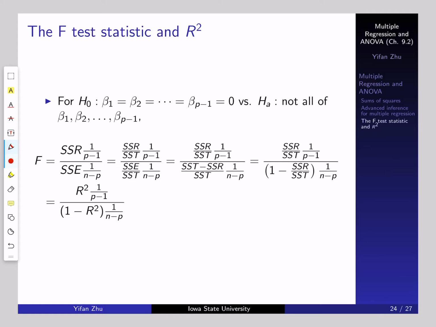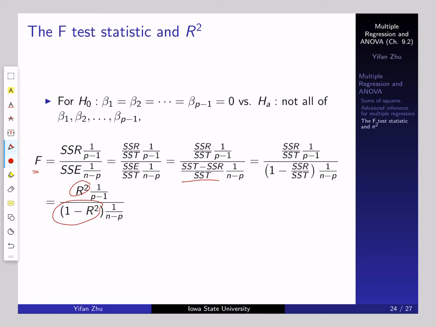Remember that the F for this test is SSR divided by P minus 1 and SSE divided by N minus P. And we divide both the numerator and denominator with SST. Then SSR divided by SST is just R squared, and SSE divided by SST is just 1 minus R squared.